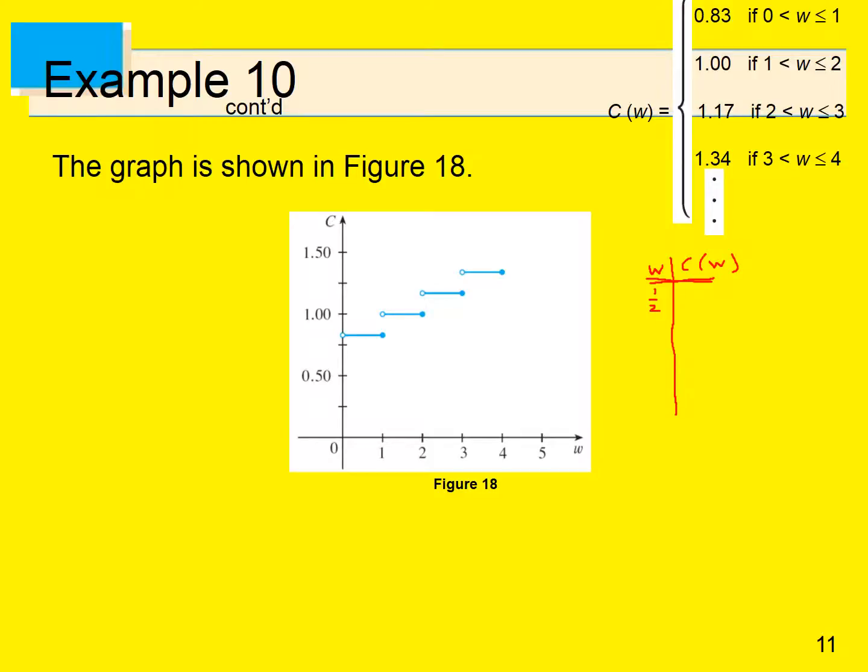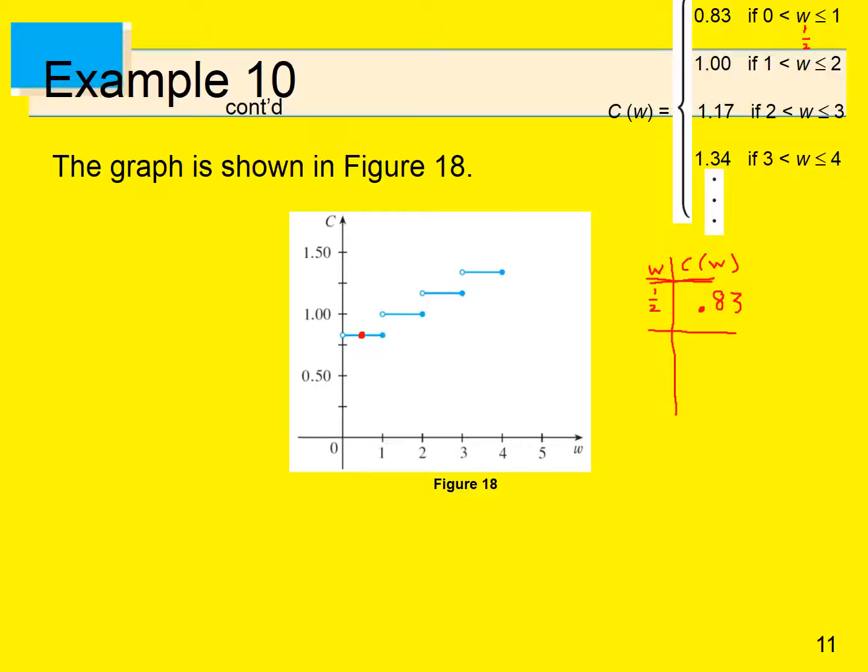Well, it's 83 cents, right? Because 1/2 is between 0 and 1. So 0.83 of a dollar, or 83 cents. And the 0.83 is on the graph.